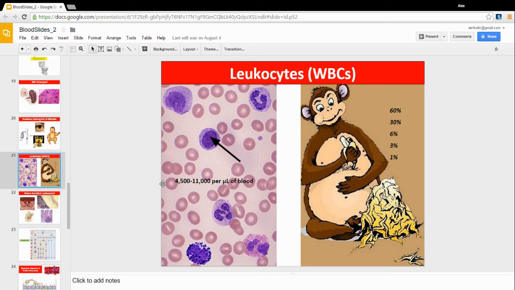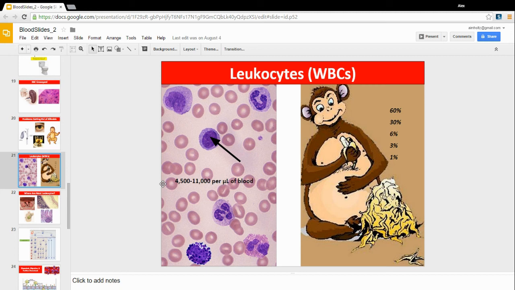I want you to contrast that with the fact that there are about 5 million red blood cells in a microliter of blood. Huge difference. So not a lot of white blood cells, relatively speaking, in the blood. They're primarily using the blood as a transport system to get from place to place in the body.